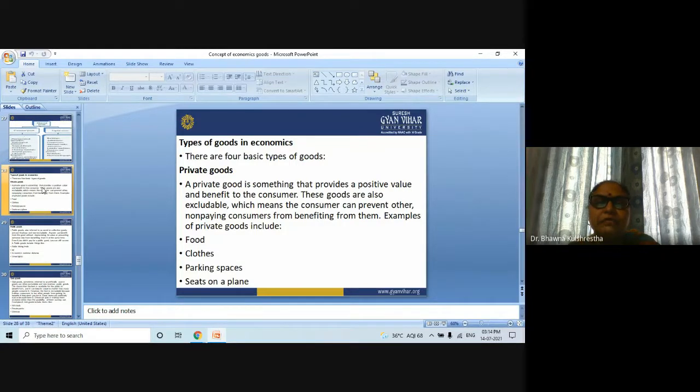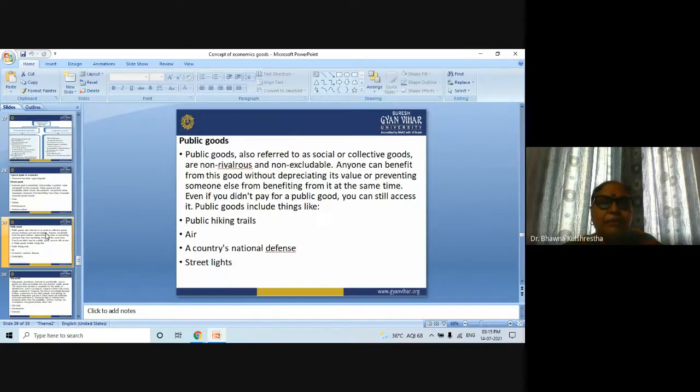Examples of private goods include food, clothes, parking space, seats on a plane. And next is public goods.